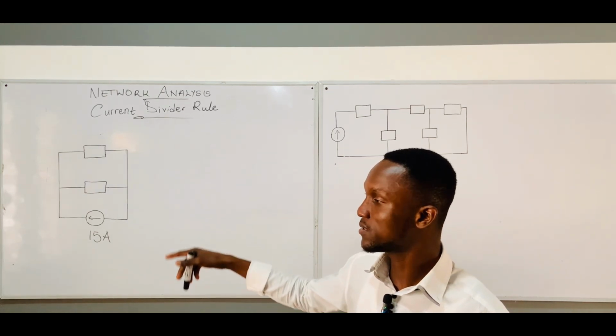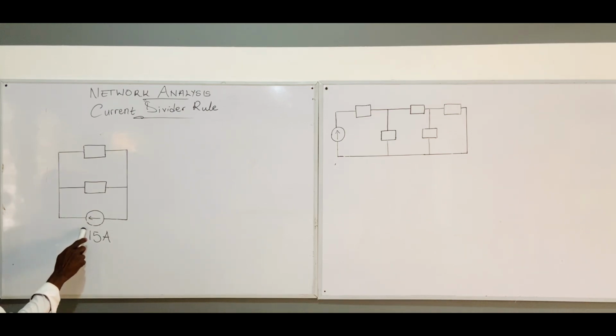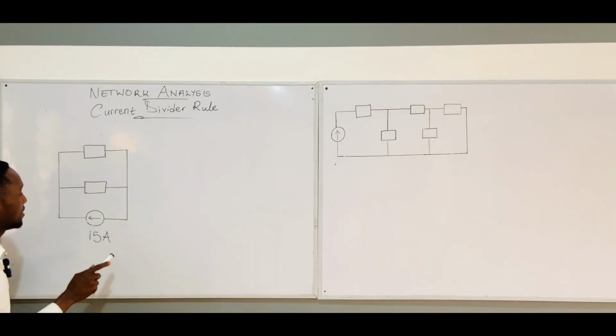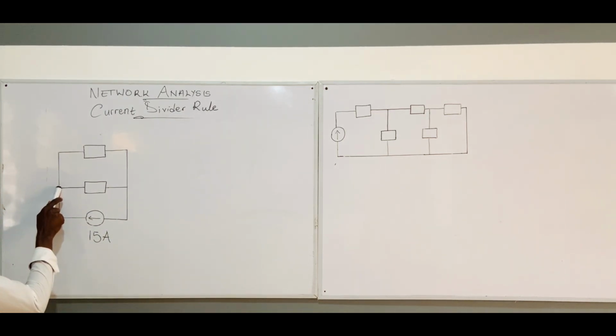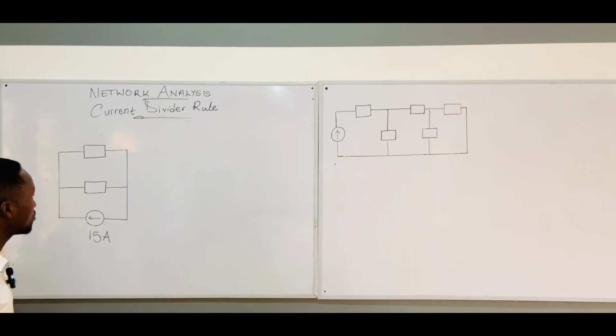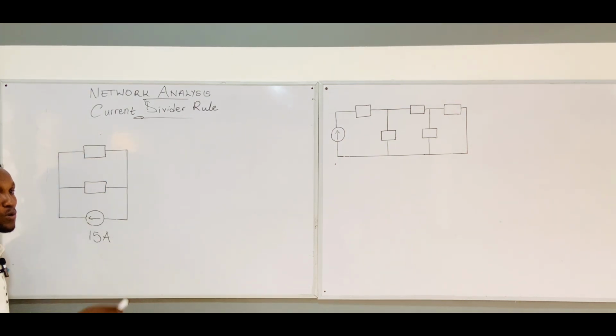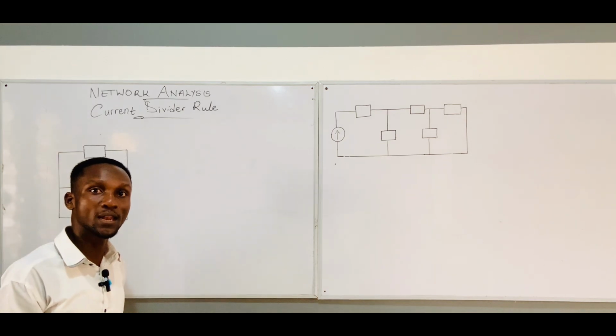Now look at this diagram on the board. I have 15 amps, which is my total current, entering into this branch. Then some will split and enter into branch 2. The current divider rule says that if I want to find the current passing through branch 1 or branch 2, I need to apply a certain formula.